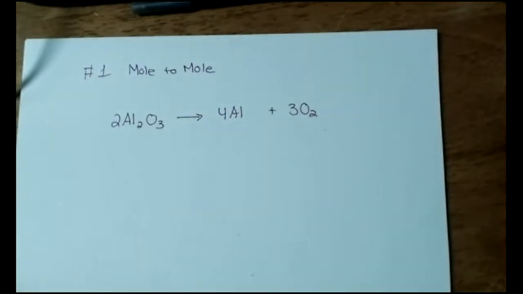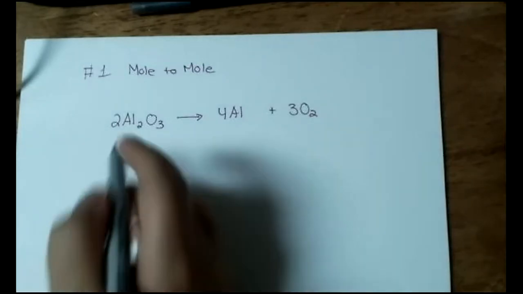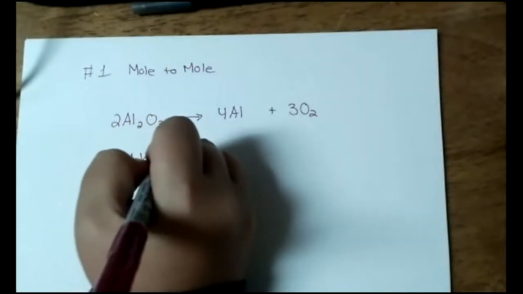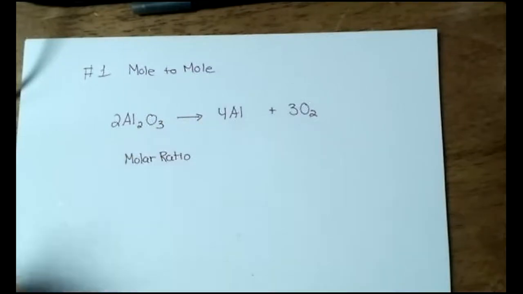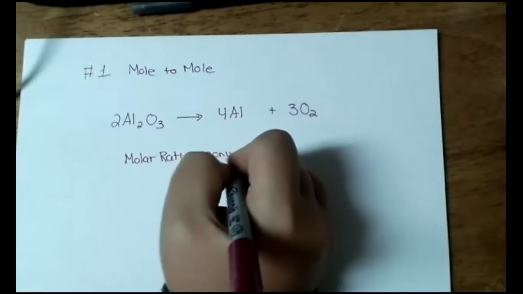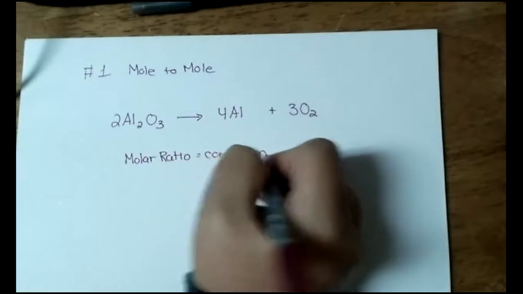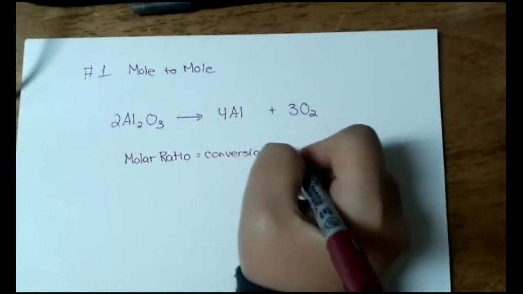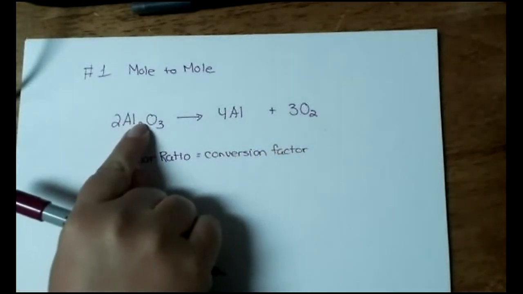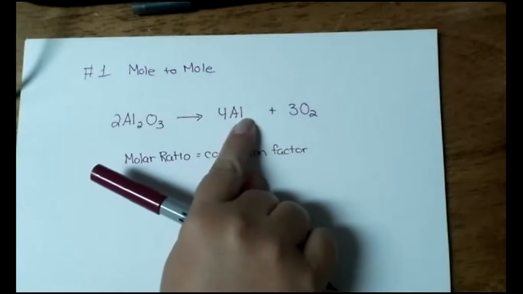Well, before we can start working a problem, we have to learn about something called a conversion factor that's very specific to this type of problem. And that conversion factor is called the molar ratio. So basically, the molar ratio is going to be our conversion factor that allows us to compare one substance to another substance.